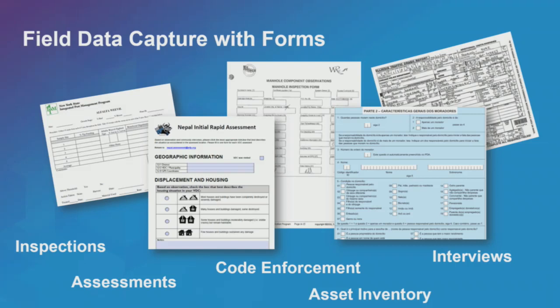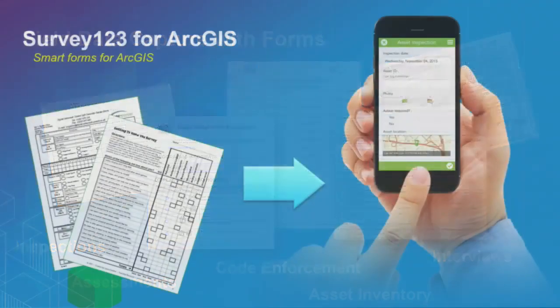Where do you live? Where is the building that I am assessing? And all of that information we want to bring into ArcGIS. Survey123 is really about transforming these paper forms into smart forms that run on mobile devices, so people can capture data with them very easily.